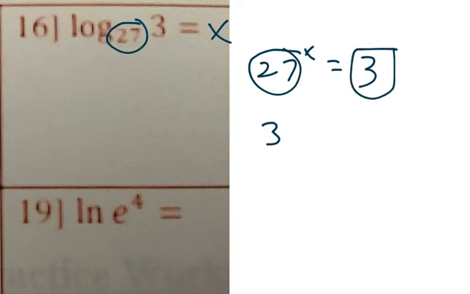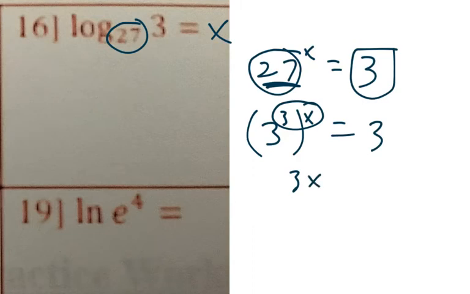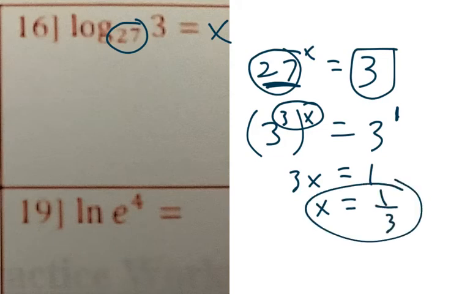Because I have a 3 over here. Do you agree that 3 to the 3 is 27? So what I really have is 3 to the 3x equals 3. Now, guys, if you think about it, doesn't that mean that 3x has to equal 1? So x is 1/3, dividing both sides by 3.